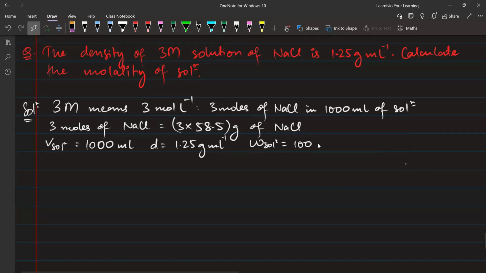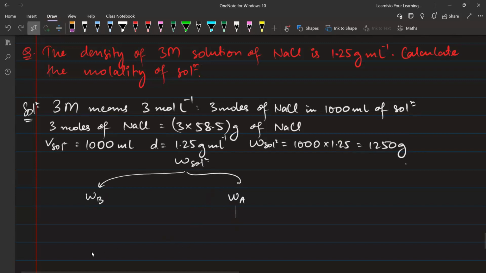So mass of solution will be 1000 ml multiplied by 1.25. This will be equal to 1250 grams. Now this mass of solution will have solute as well as solvent. Correct? Yes or no?